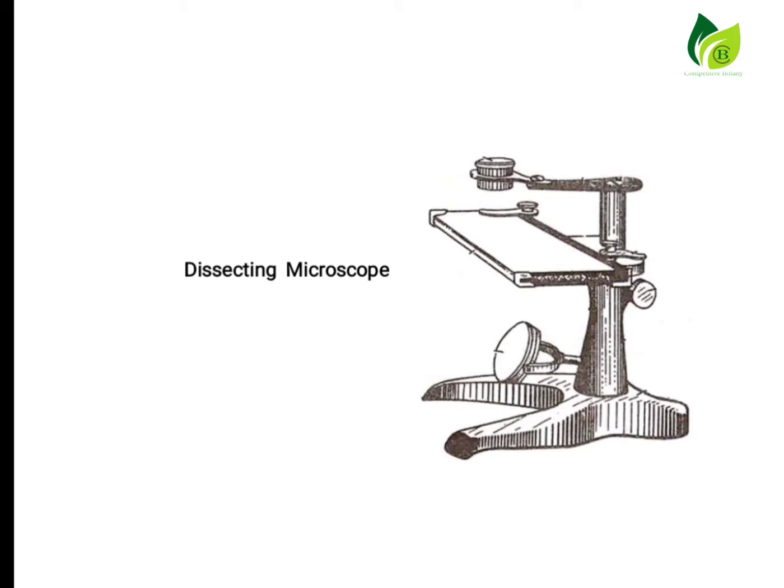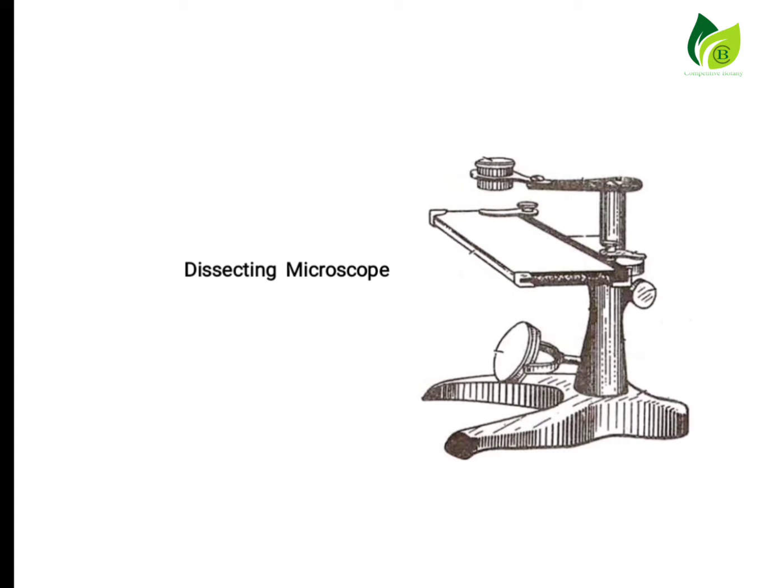The dissecting microscope is an example of a simple microscope. It is used either for dissecting the material or for less magnification, only up to 6 times, 12 times or rarely 20 times. It is generally used in botany laboratories to magnify objects.